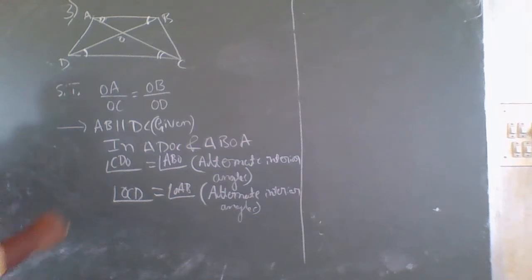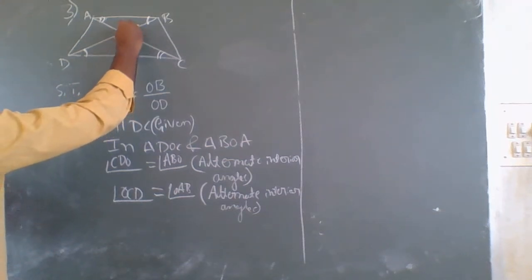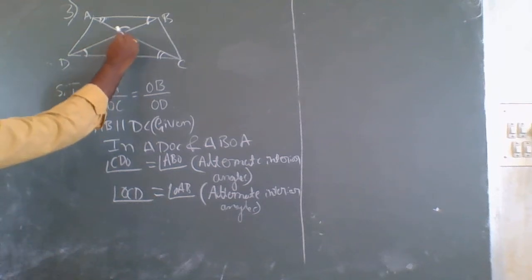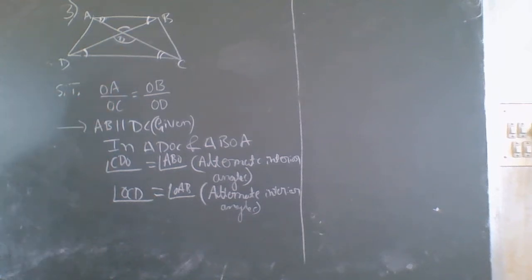Now these two angles are equal because these two angles are vertically opposite angles. We know that when two lines intersect each other, the opposite angles are always equal to each other. Therefore, angle AOB is equal to angle DOC.